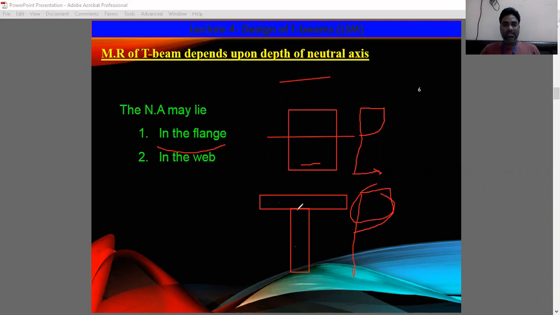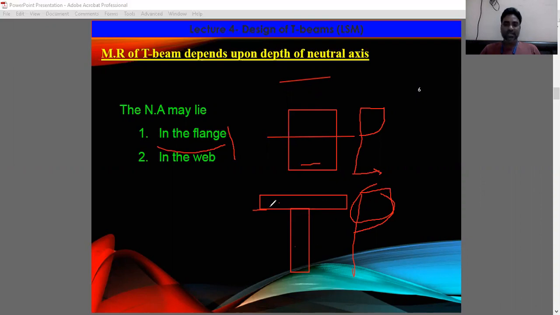Because based upon the location of the neutral axis, the bending moment equation will change, right? Because here the width is not uniform. Up to this level the width of the beam is different, and after that the width of the beam is different.